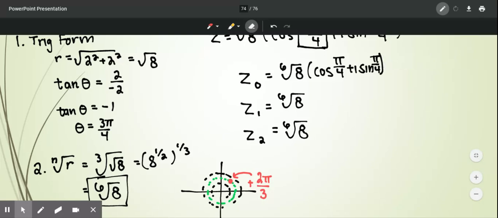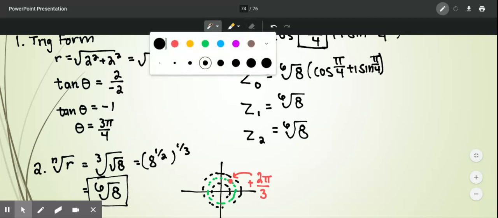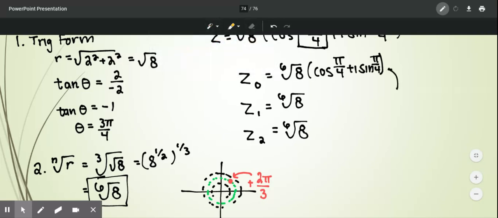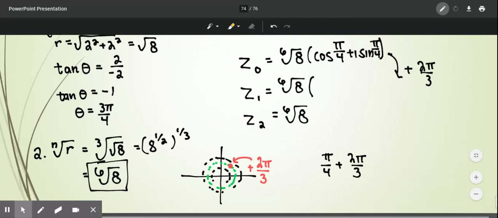So to get my next root, to go from here to here, everything stays the same, but I just have to add 2 pi over 3. So I'm just taking this pi over 4 and I'm rotating it 2 pi over 3. So if you do pi over 4 plus 2 pi over 3, we need common denominators, right?